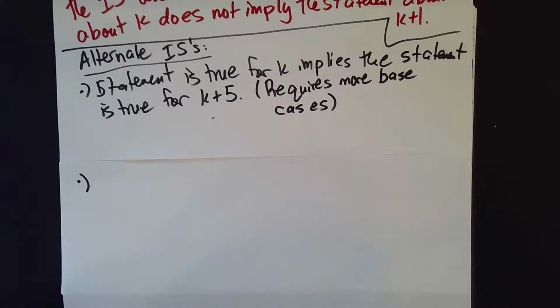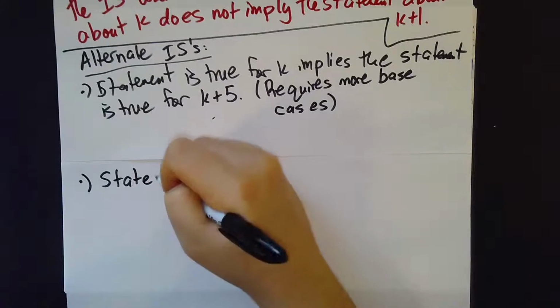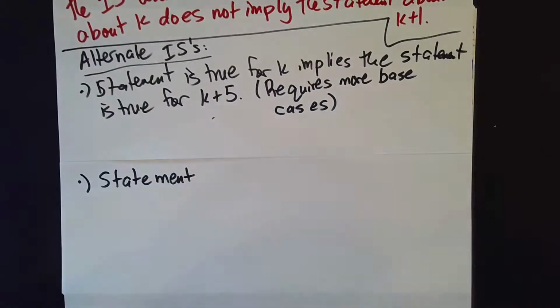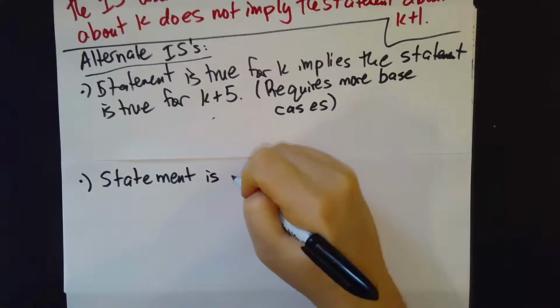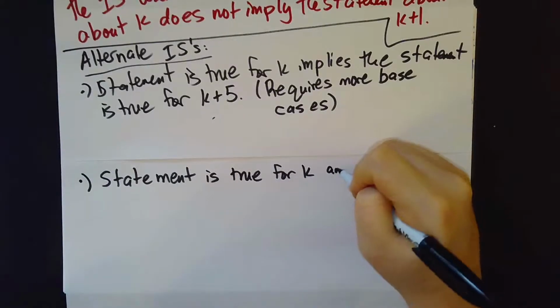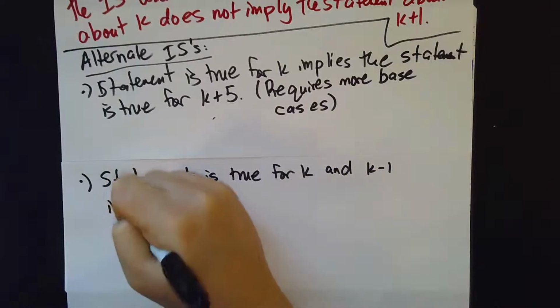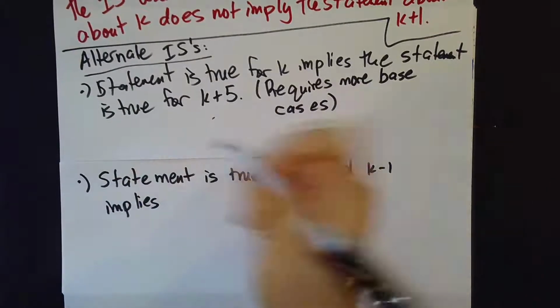Now, another form that we've seen, and this has showed up a lot, for example, when talking about things with Fibonacci numbers, is where the statement is true not just for k, but also k minus 1, implies the statement is true for k plus 1.